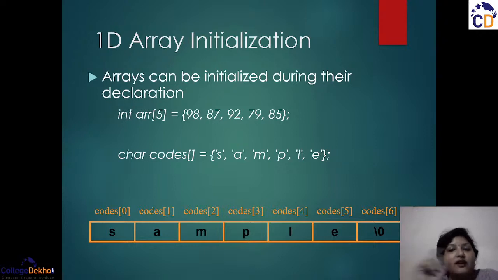No. There are only numbers in this particular array. In the second array, that is codes, have you seen any number in this? No. They all are characters. So this means the same type of data is to be stored using an array. It should not be heterogeneous or different kinds of data in the array, right?